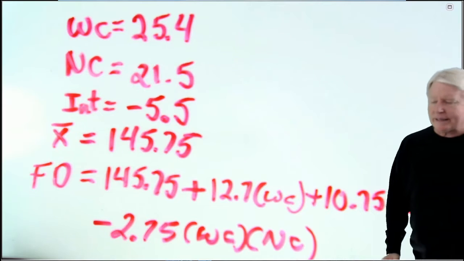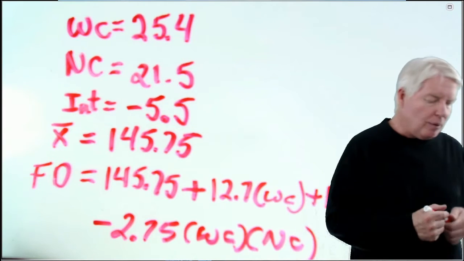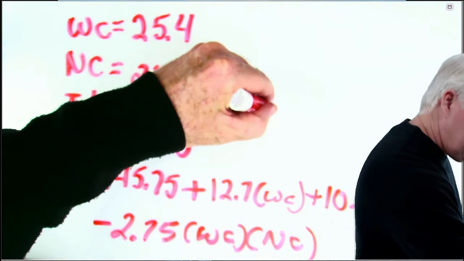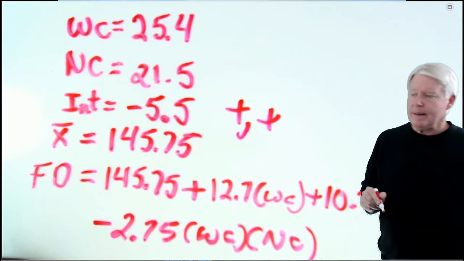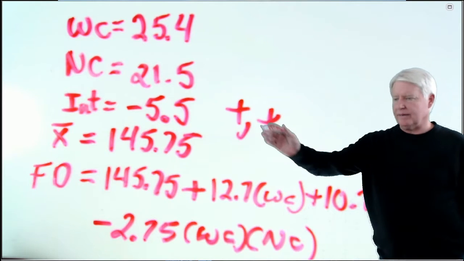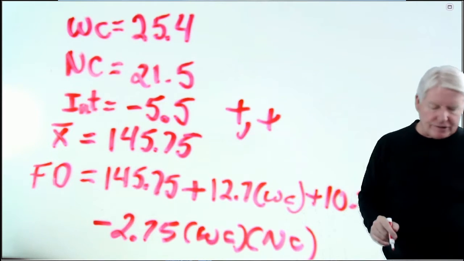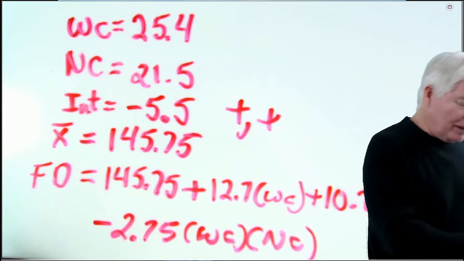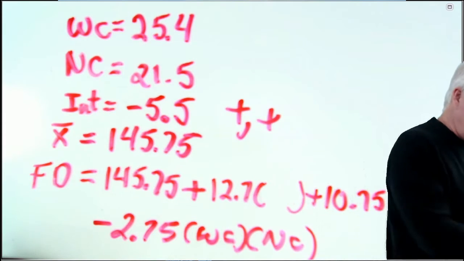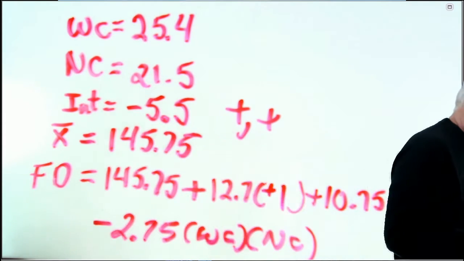Now, I'm going to test this equation, and I want to test it at positive and positive. Okay? So what I'm going to do, I want the wing condition to be positive, so I'm going to make that a positive 1. That's what the positive meant. I just didn't write it in there before, but it's a 1, so I'm going to go positive 1 in here.